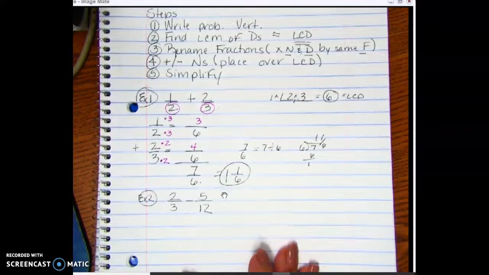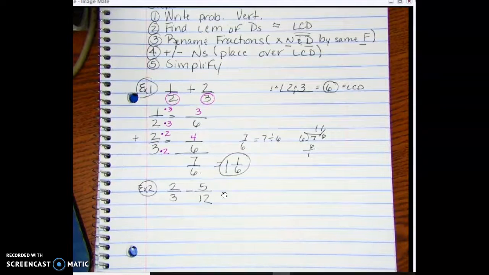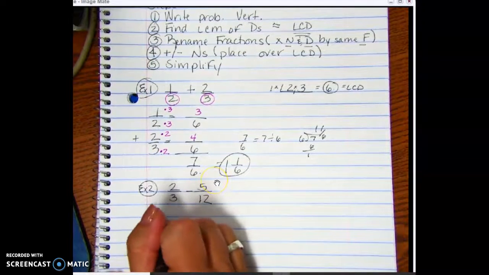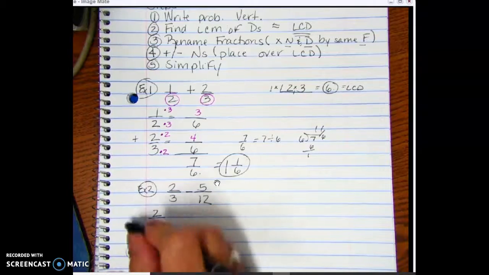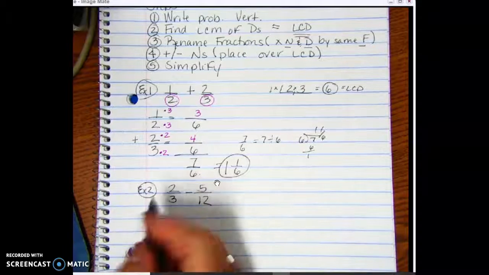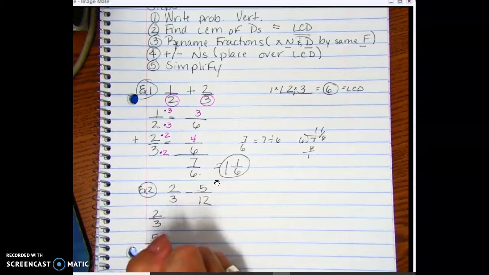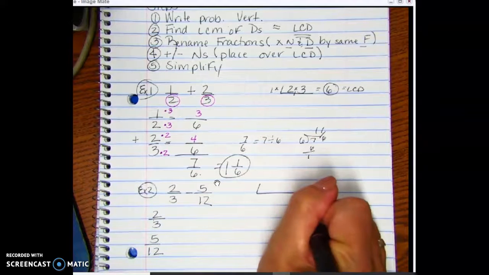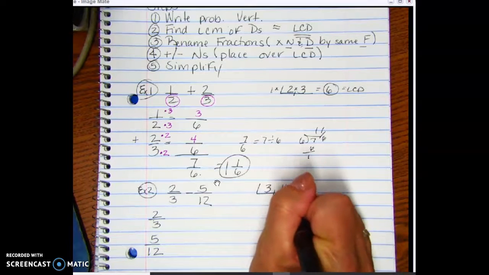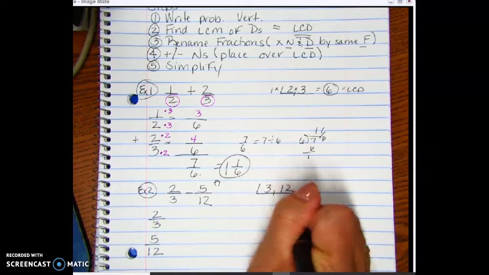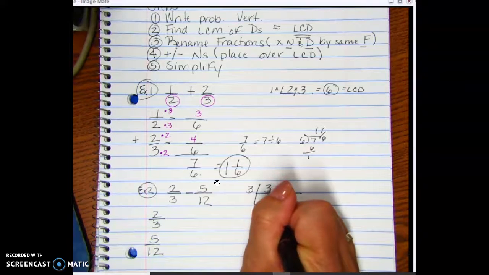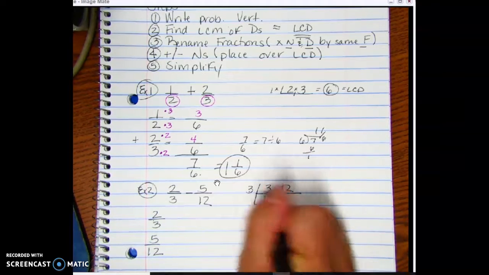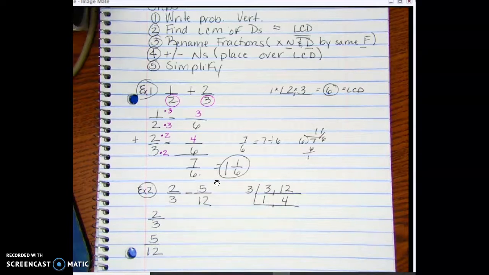So let's go ahead on to some subtraction, and we'll do the same thing. First, I'm going to write my problem vertically, and then I'm going to find my least common multiple. Now 3 is shared between these two numbers, and so now I say 3 divided by 3 is 1. 12 divided by 3 is 4.